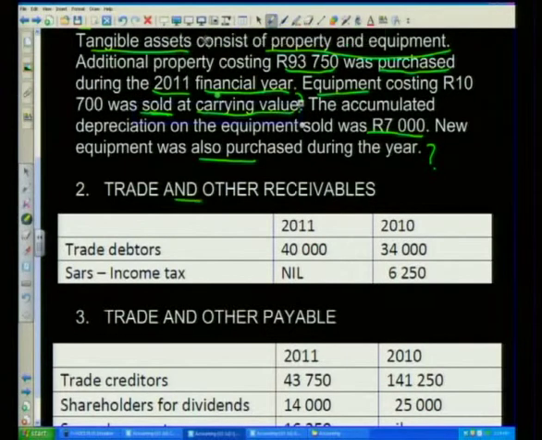Trade and other receivables, and there's my trade debtors. Remember, people, SARS is not included in this calculation. We're only looking at our debtors. So if I inspect my debtors, 2010, it was sitting at 34,000. 2011, there's been an increase in my debtors of 40,000.